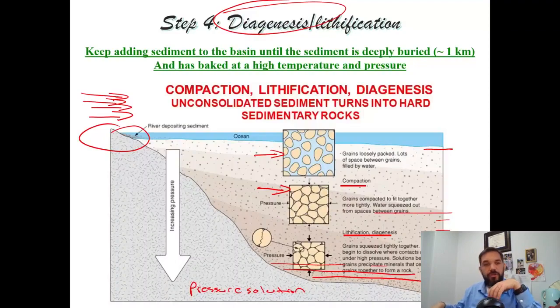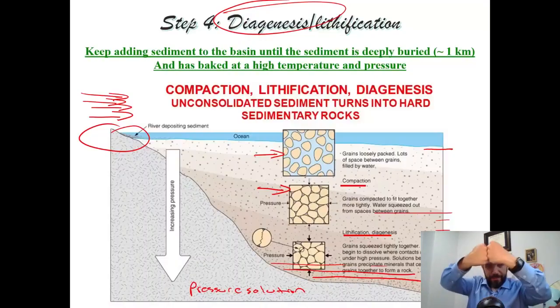And that occurs at the grain boundaries, where you have two grains of sediment colliding together and being pressed together. The pressure at the grain boundary, right there, you see where my knuckles are coming together, the pressure at that grain boundary is more intense.